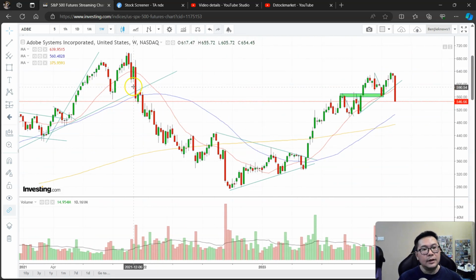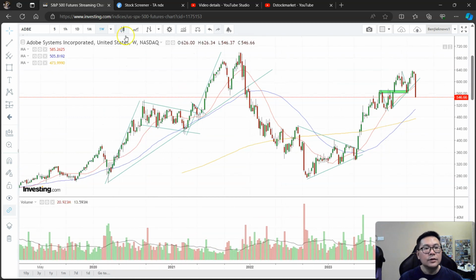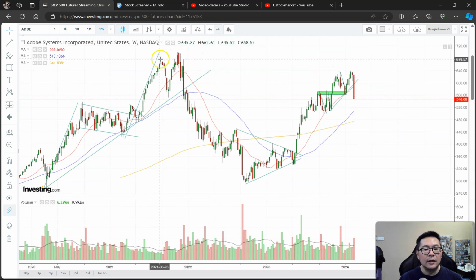At this moment, for most of the time here it has been above the weekly 20 MA, but it dropped below the 20 MA, which is not very good. Usually when it drops below the 20 MA, we have to be a bit careful. So the weekly chart tells us that it has almost recovered the losses here, but is still a bit shy from the former highs.